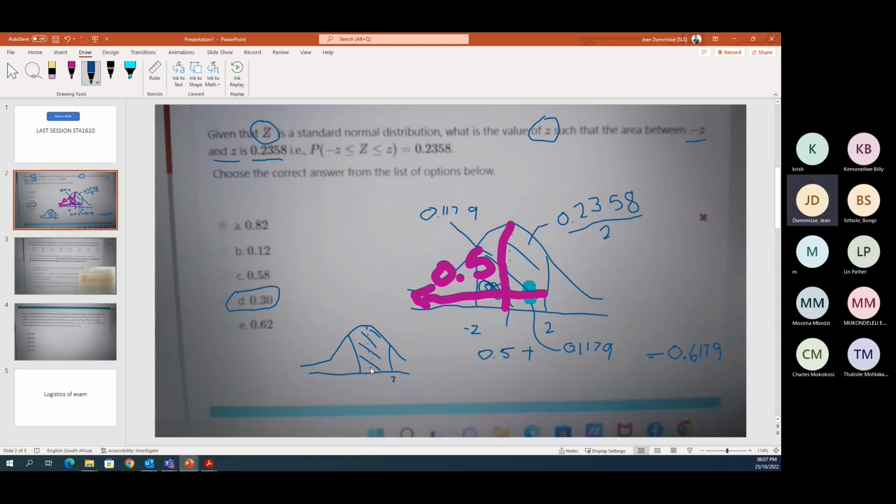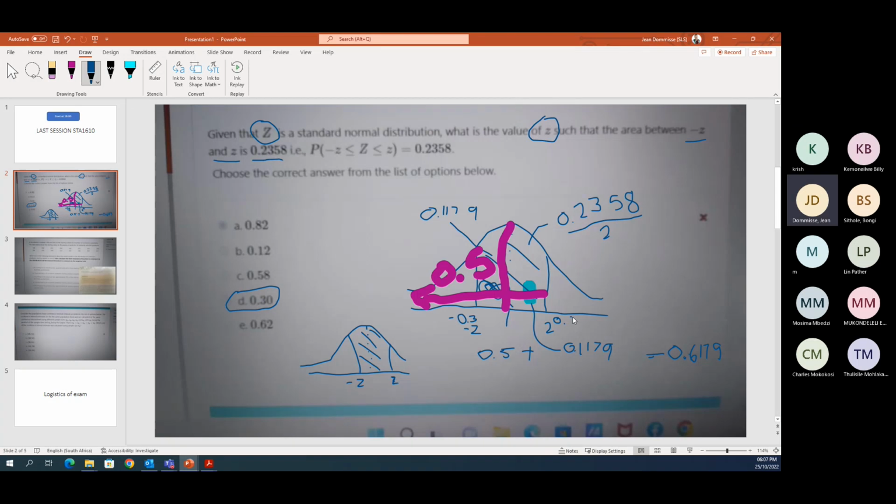Because they tell us it is between minus Z and Z, we know that on this side it would have been minus 0.3, and on this side, it would have been 0.3.